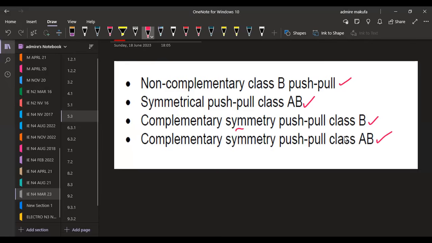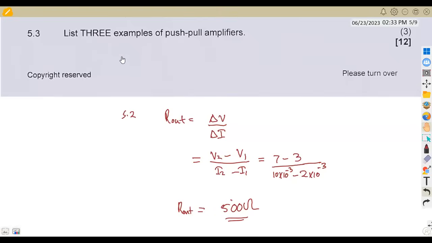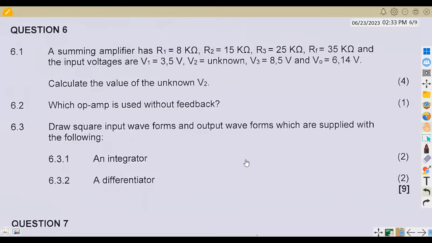All right, so these are the classes that we have, and it was just to list any 3 examples. Meaning from those 4, just any 3 of your choice. That was supposed to be our answer in that case.